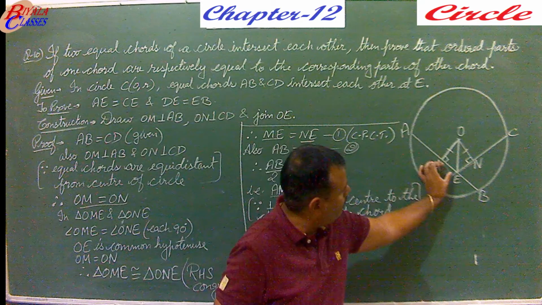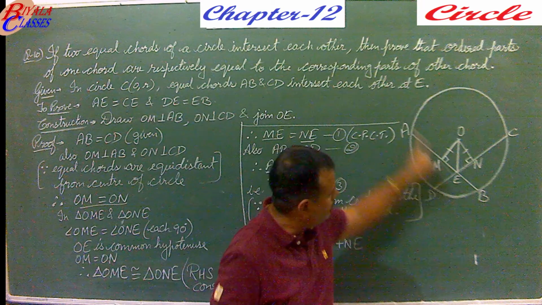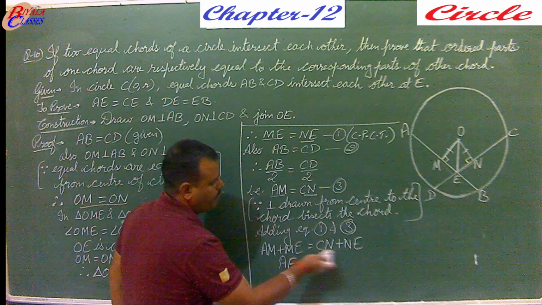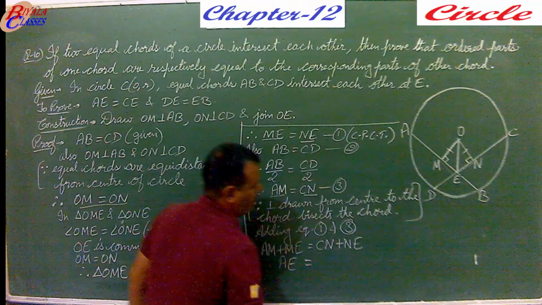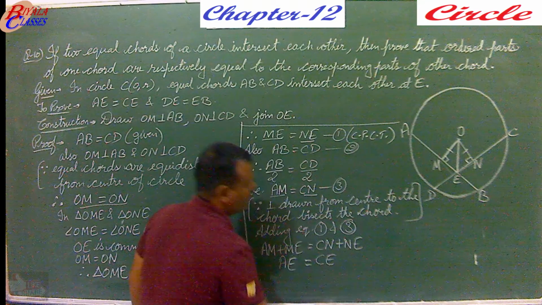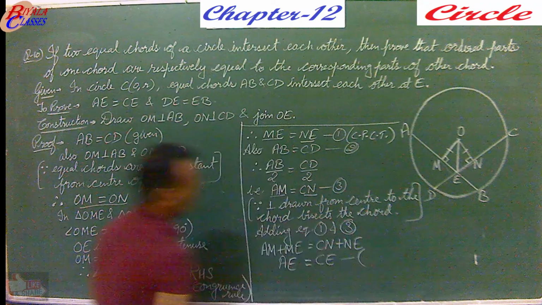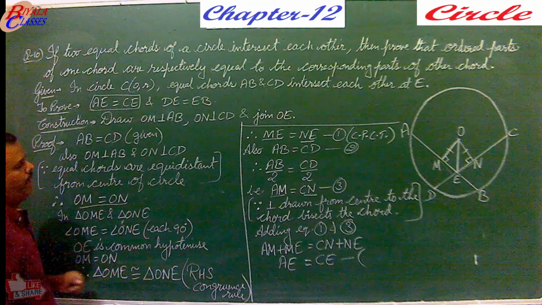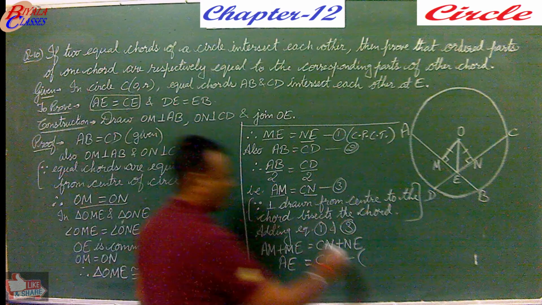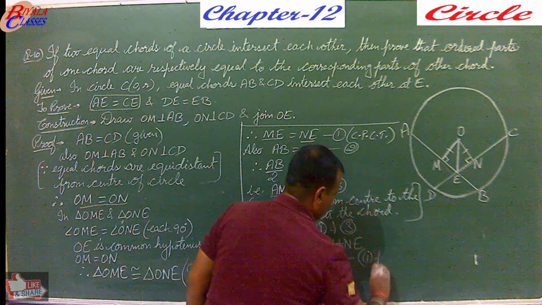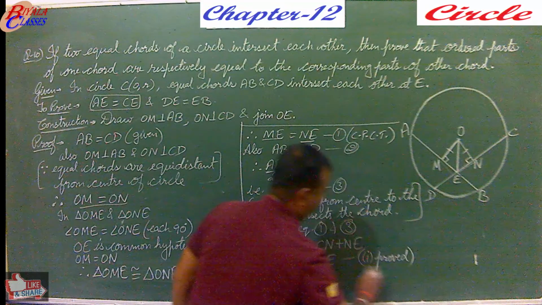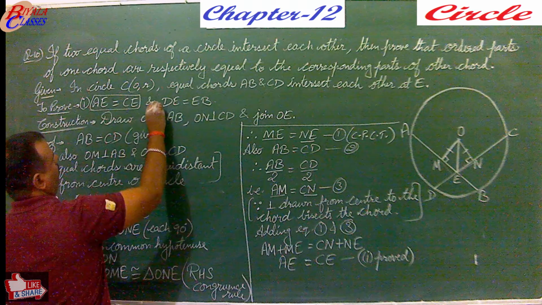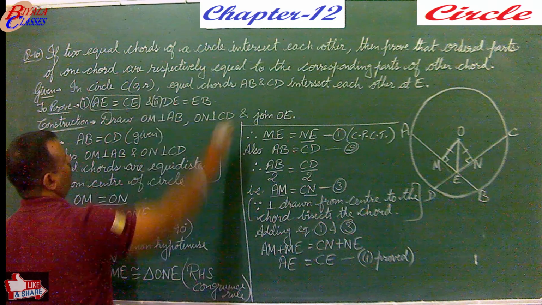If you add these two parts, we get AE. And similarly, CN plus NE will give you CE. So this is one part which we had to prove, that AE and CE are equal. This is your first part and the other is your second part which you have to prove.